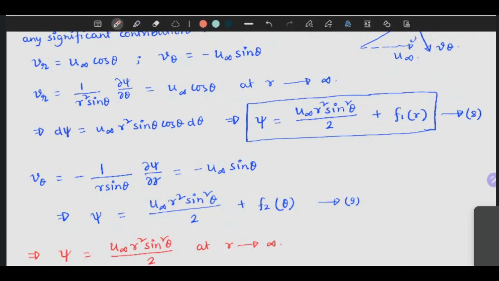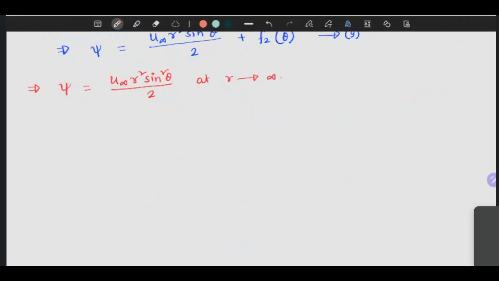If you want to get the theta independent term, you have to write these equations in a long form. For that we will take help from vector calculus. We know this equation, right?